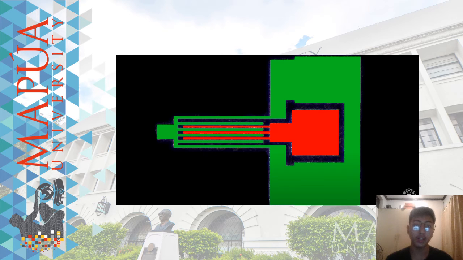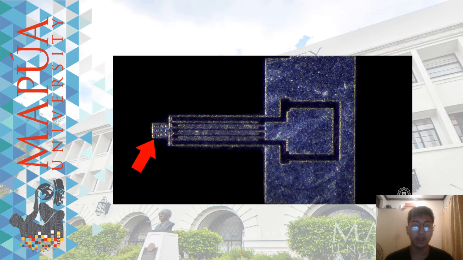But this is no ordinary capacitor. It's a physical structure that can move. This thing over here is basically a tiny weight made out of silicon, and it's kind of like a suspended mass on the end of a spring.